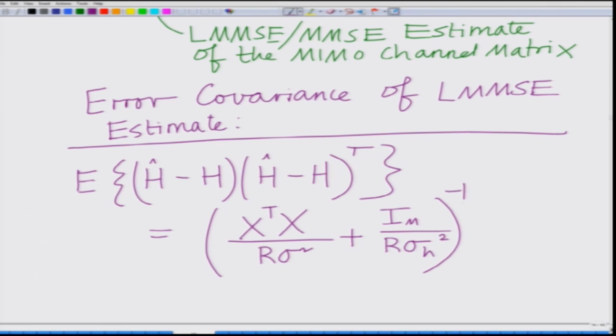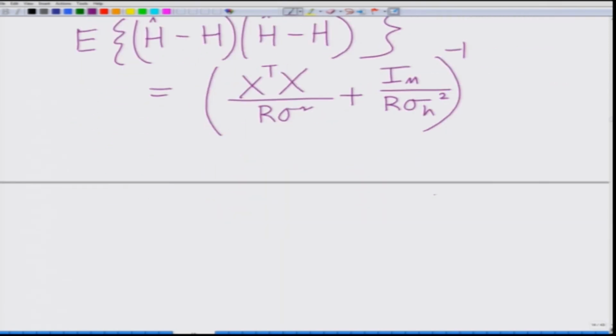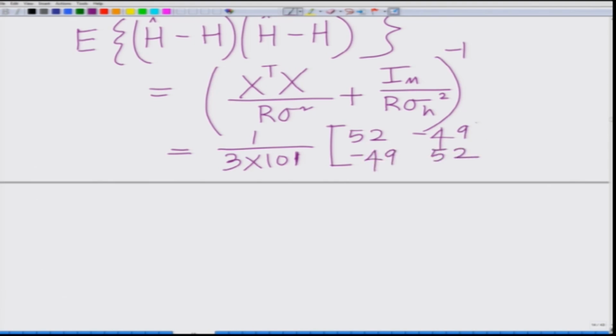This is equal to 1 over 3 times 101 into 52, minus 49, minus 49, 52. This is the error covariance.